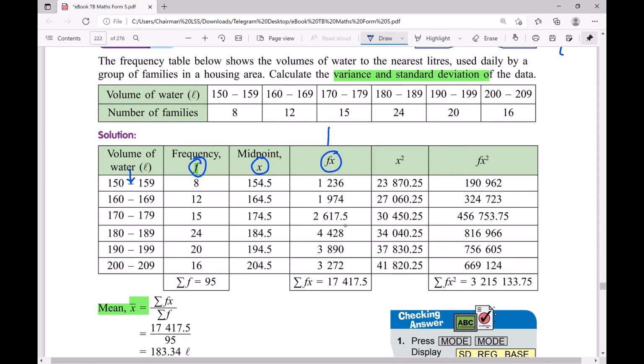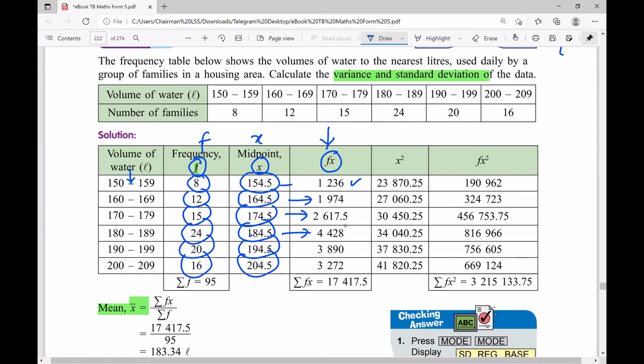So you use another column, f times x. Yeah, this is done. Add times 154.5, you'll get this one. Yeah, you do all this first. Yeah, you times it, you get your answers here.